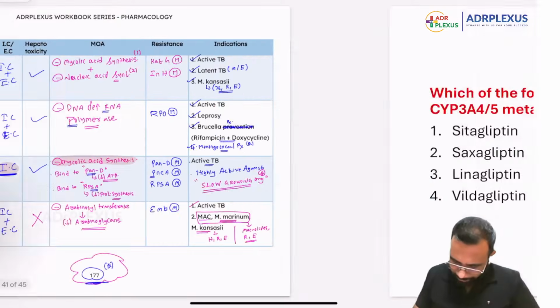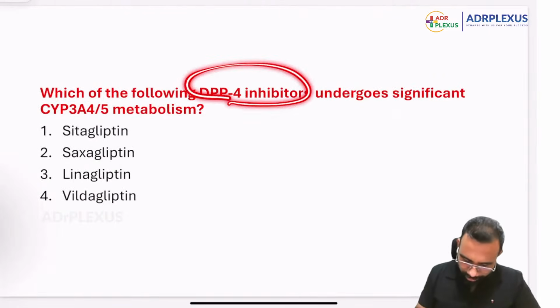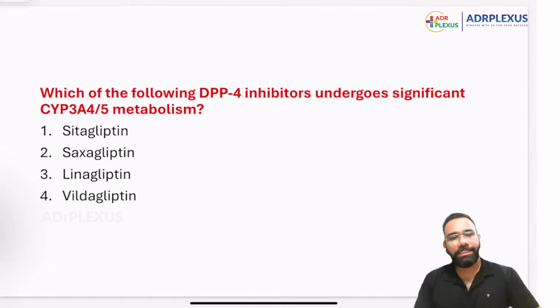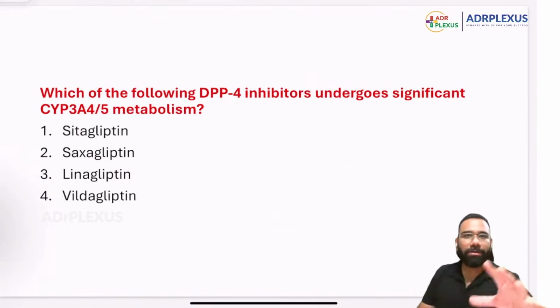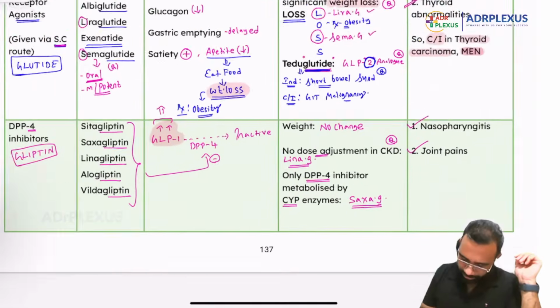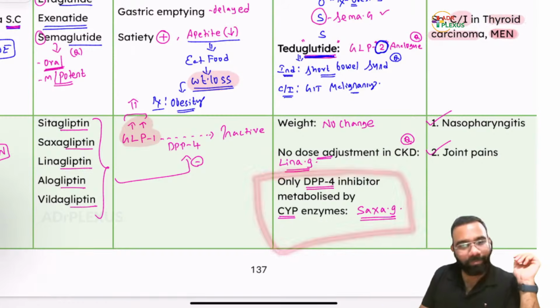Yes, right. Now come to the next one, DPP4 inhibitor which undergoes significant CYP3A4 or 5 metabolism. In another way, he asked which DPP4 inhibitor needs a dose decrease when combined with ketoconazole. Before going to the answer, let me show you the screenshot of our notes. The only DPP4 inhibitor metabolized by CYP enzymes is saxagliptin.